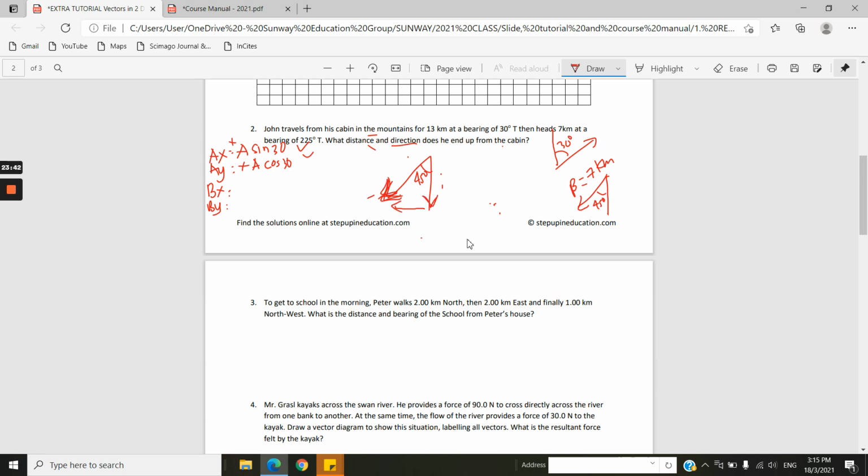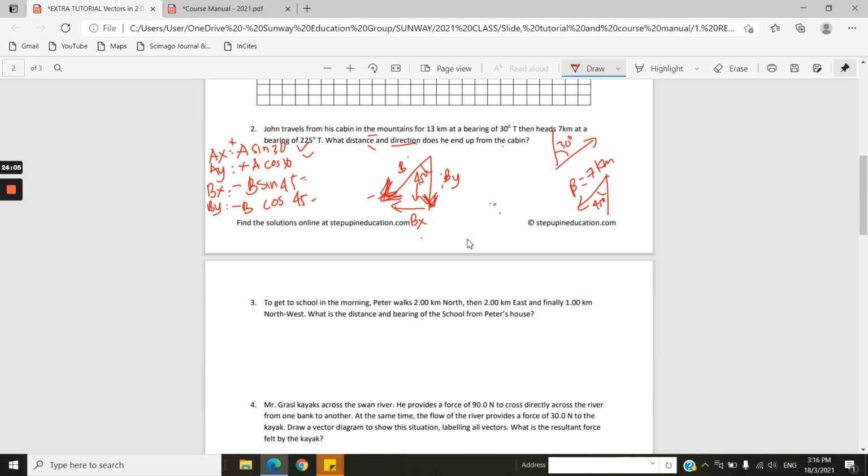This arrow is down left. So you got BY, BX. Your BX is cos or sine? B sine 45, correct or not? Opposite the angle, negative. BY is negative also, going down, B cos 45.